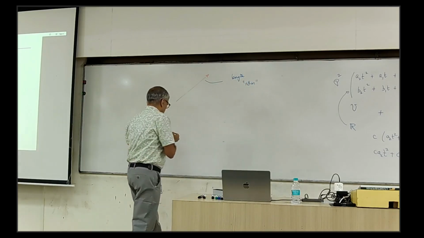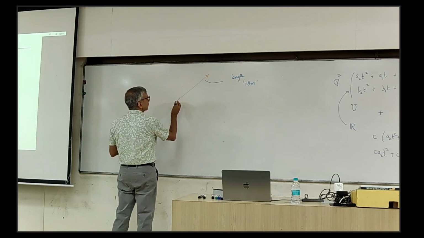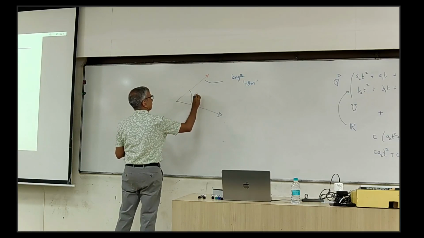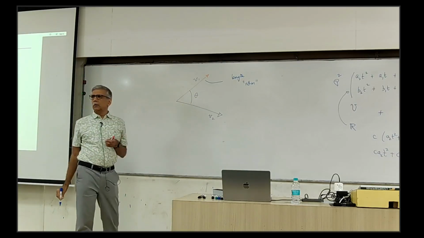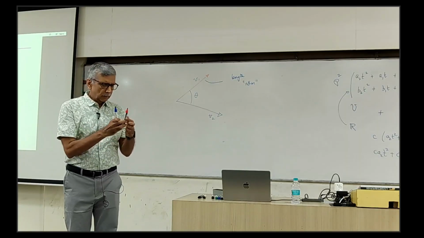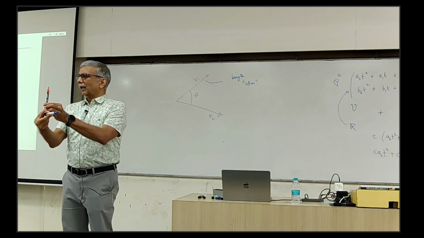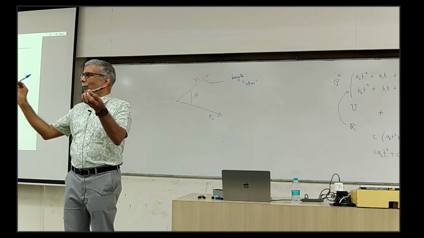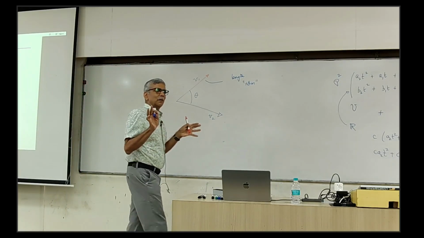Now I want to do one more thing. I want to associate a notion of an angle between them. So this is one vector v1, v2. I want to associate a notion of angle. And why do I want to do that? Because I want to talk of perpendicularity between vectors. It's easy to see when I hold these two markers and say these are perpendicular, because that's the way we learn perpendicularity.